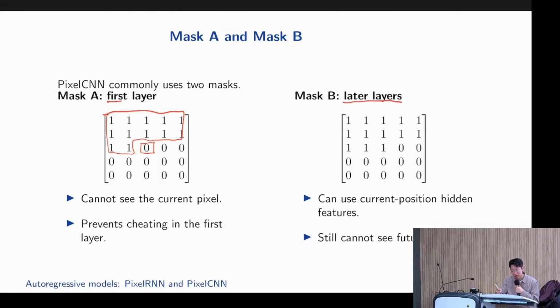From the second layer and on, you have something to condition on, which is whatever the first layer outputted. So yes, you still cannot see the future pixels, but you can use the current position hidden features from whatever the first layer outputs. So you use two different sets of masks for pixel CNN. Does this make sense? Okay.